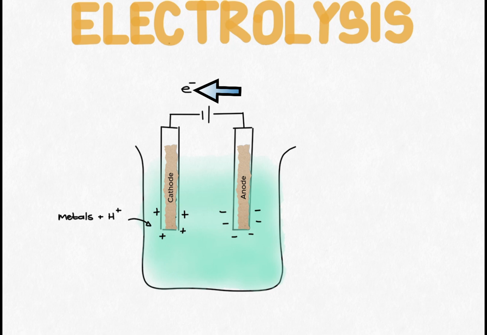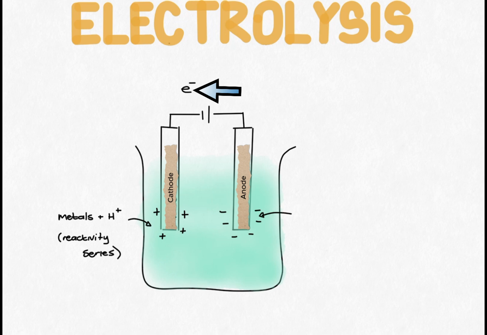Now, to determine what reaction takes place at the cathode, we would have to look at the reactivity series. Now, if this metal is less reactive than hydrogen, then it will react with the cathode. But if the metal is more reactive than hydrogen, then hydrogen will react with the cathode.